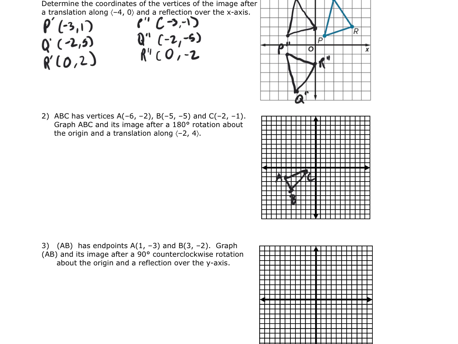Now we're going to rotate that 180 degrees. So that means we're going to have an A prime, a B prime, and a C prime following that 180 degree rotation, where we are going to switch the signs of every one of those points. So that would be at (6, 2), (5, 5), and (2, 1) is where A prime, B prime, and C prime will be.